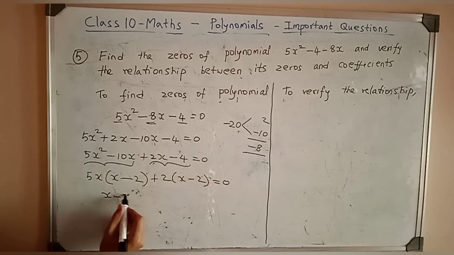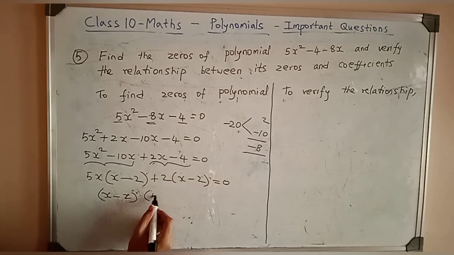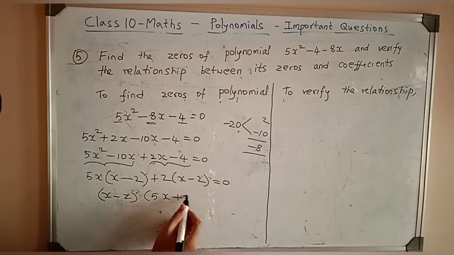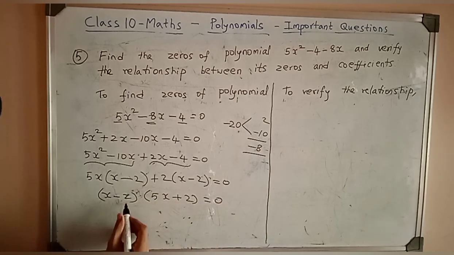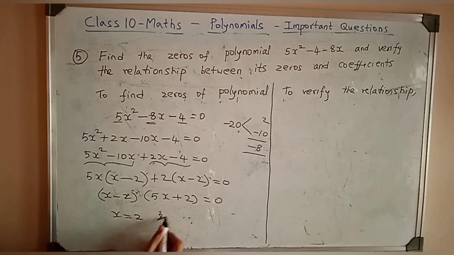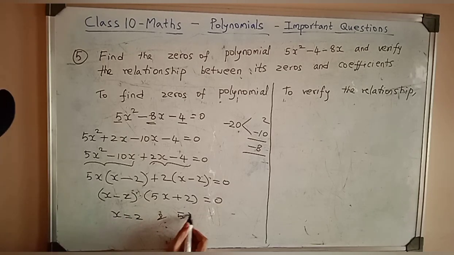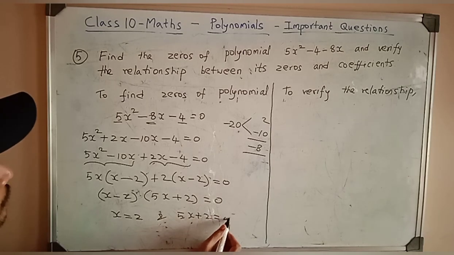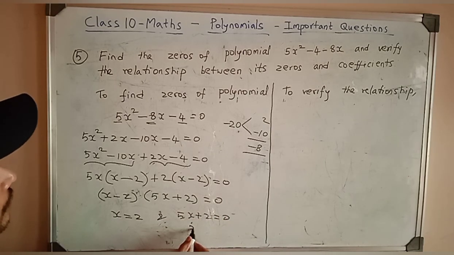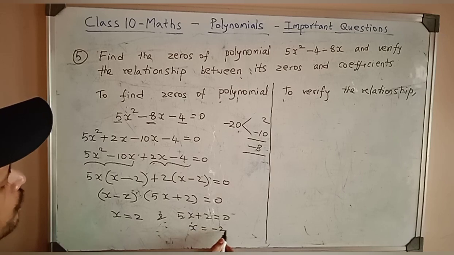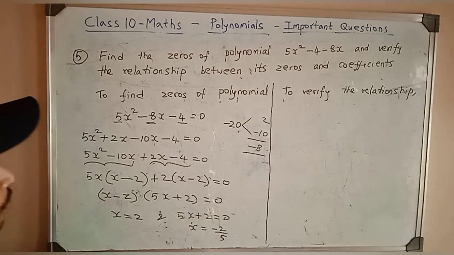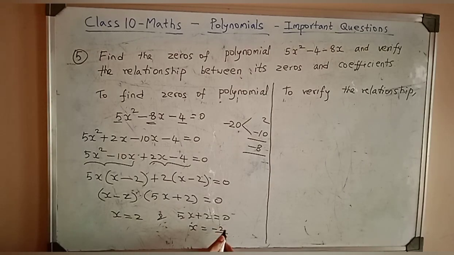Now taking x minus 2 common, remaining is 5x plus 2 is equal to 0. Then equating separately to 0, we get x is equal to 2, and here 5x plus 2 is equal to 0. Therefore we get x is equal to minus 2 by 5. So the zeros are 2 and minus 2 by 5.